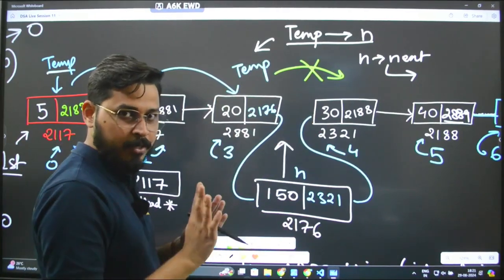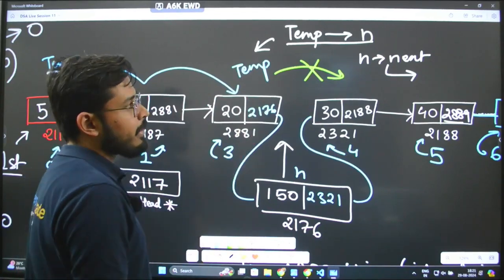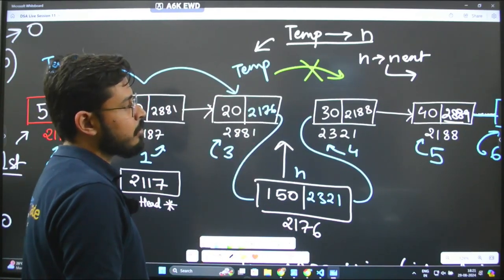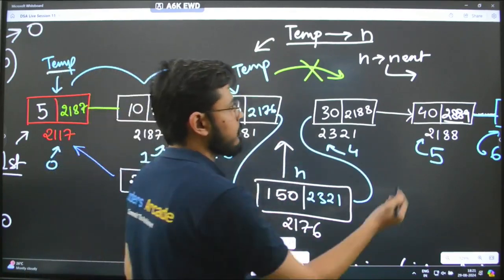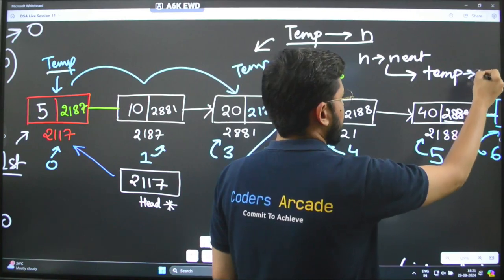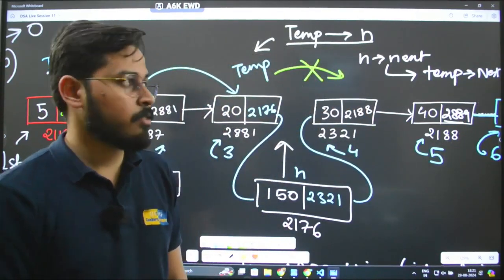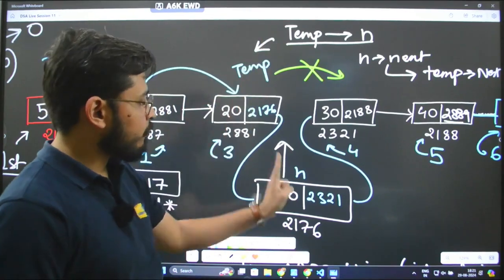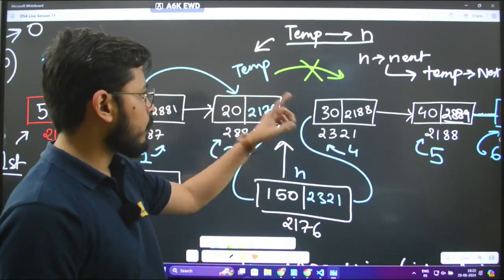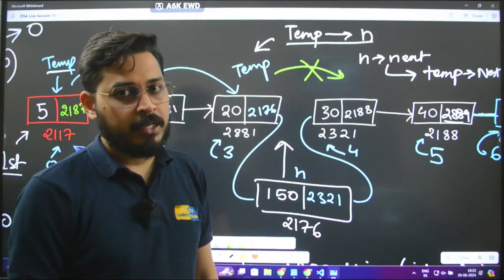Are you getting my point? So in this case it will point towards temp of next, correct? This is the correct logic in this case. So temp will point towards n and n of next will point towards temp of next, because temp of next was this. Are you getting my point?